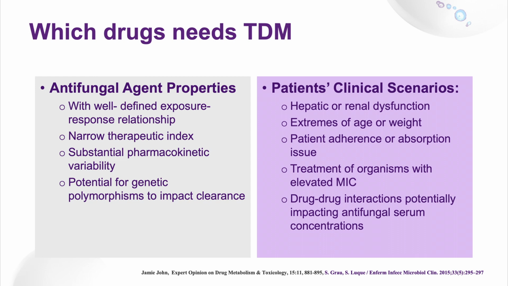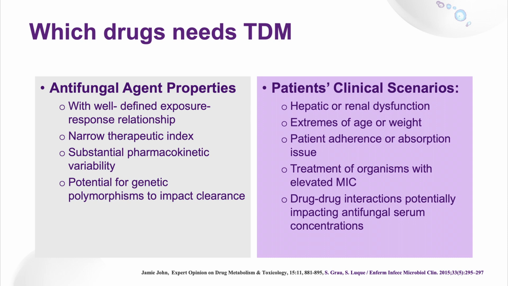Another important characteristic of antifungal therapy for which we look at TDM is a drug which has a narrow therapeutic index, meaning the gap between response and toxicities is very narrow. So you are looking at the level of the drug which produces a good response, and just above that you are expecting toxicities.